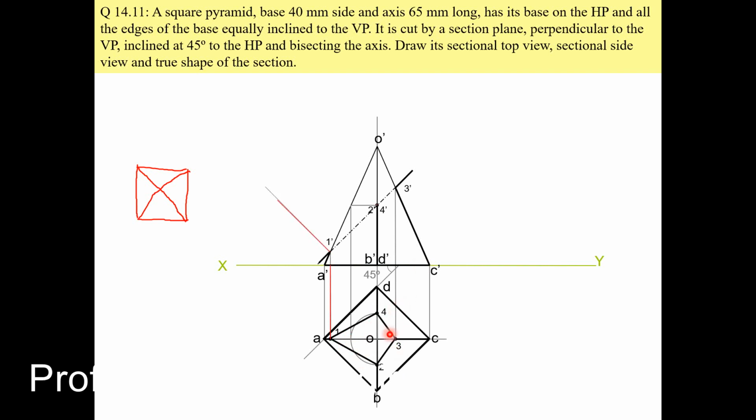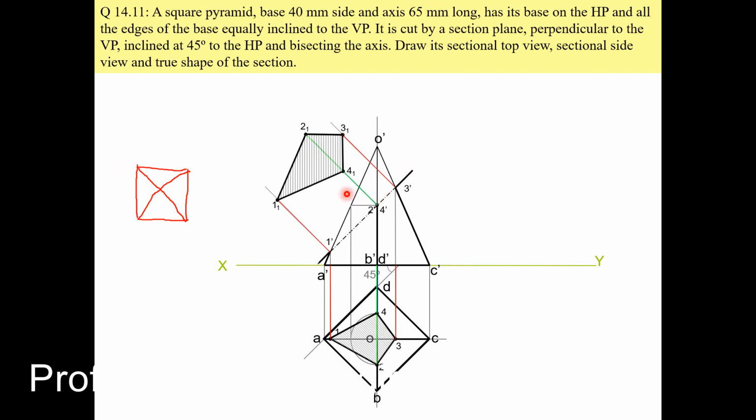Okay, so to get the true shape of your section, I will complete first and then I will explain this. In this way you have to use a hatching line.